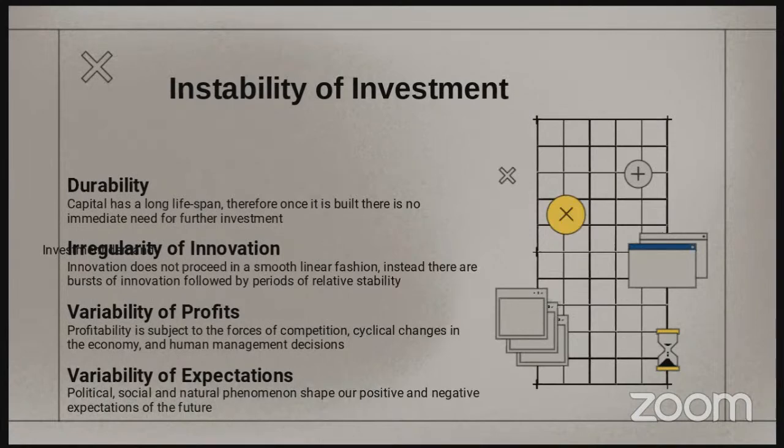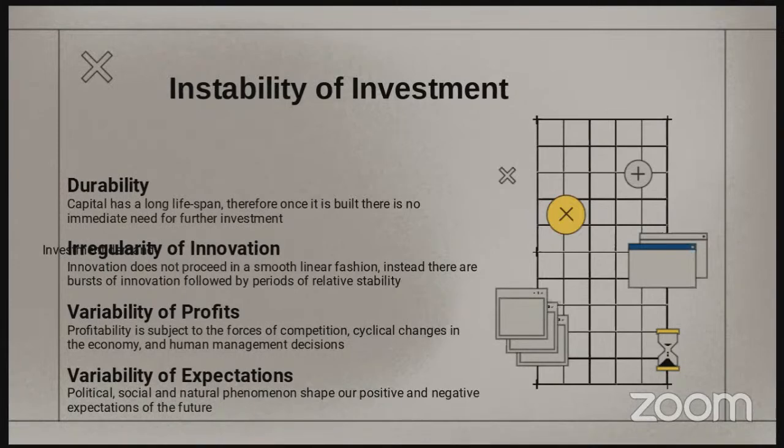And for the variability of profits, profitability is subject to forces of competition, cyclical changes in the economy, and human management decisions. And for the variability of expectations, political, social, and natural phenomena shape our positive and negative expectations for the future.